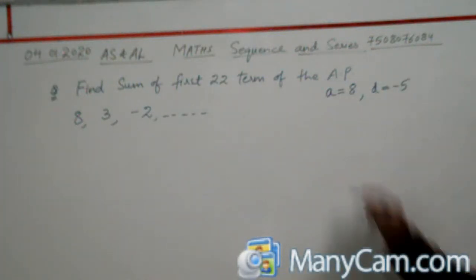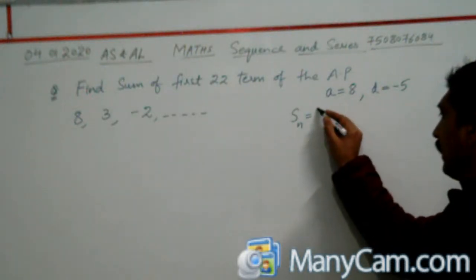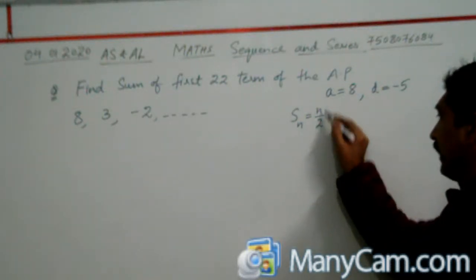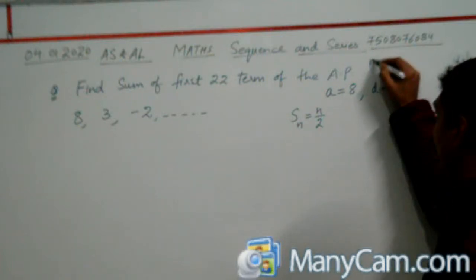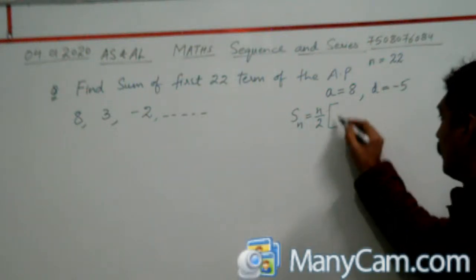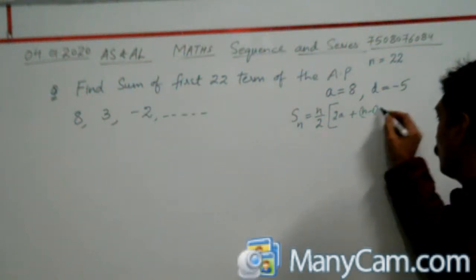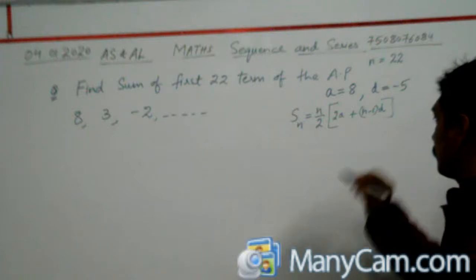And we know the formula for the sum of n terms: Sn is equal to n by 2 into 2a plus n minus 1 into d, where n is 22 here.